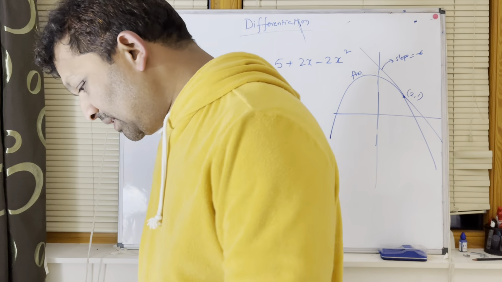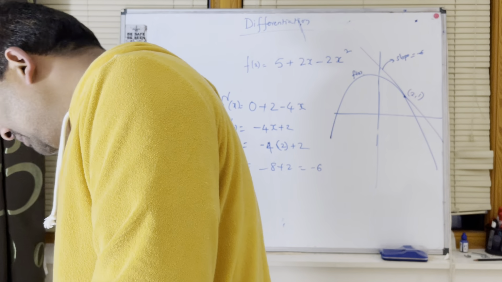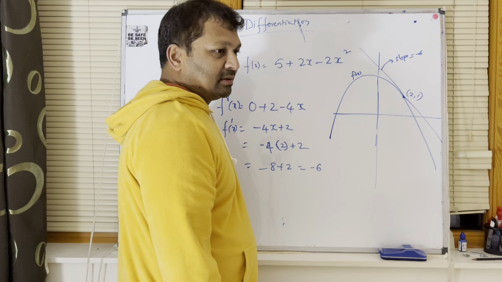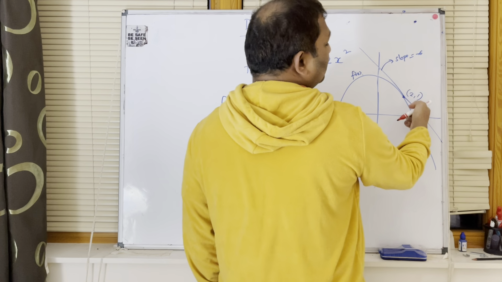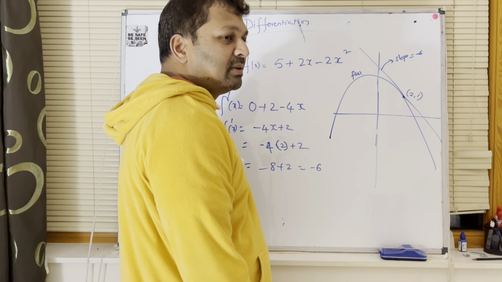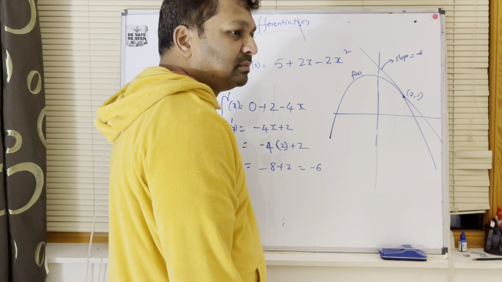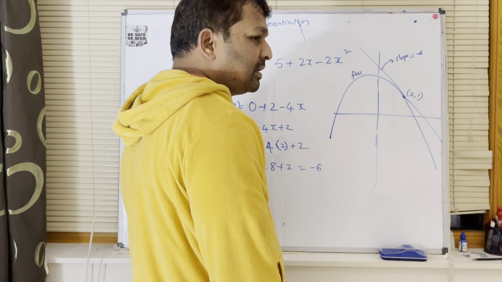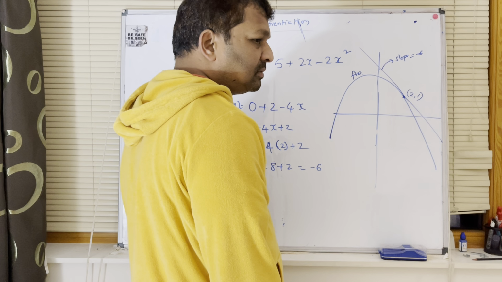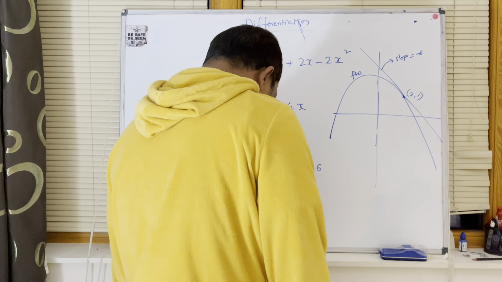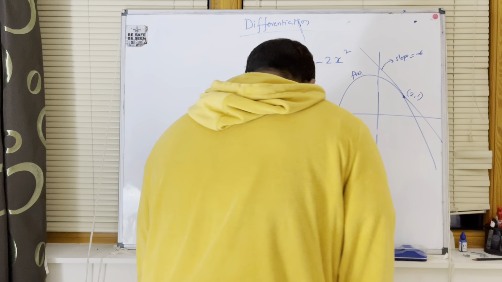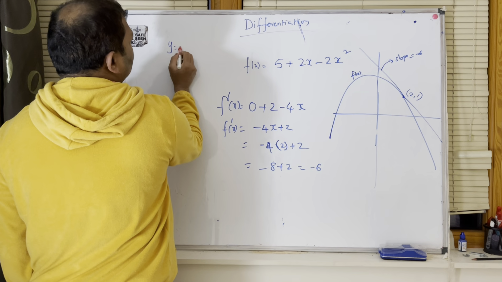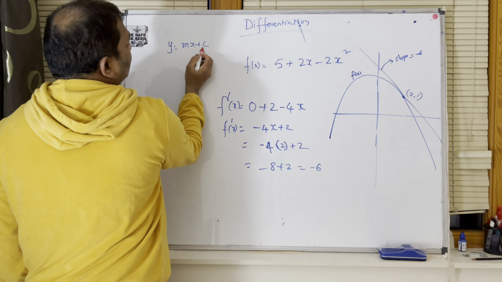And next, find the equation of the tangent to the curve. So you know the slope and you know 1 point. How do you find the equation? The slope is already given, and there is no other point given. So y is equal to mx plus c.